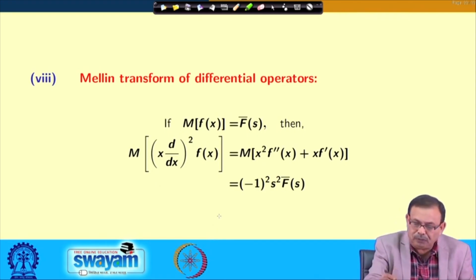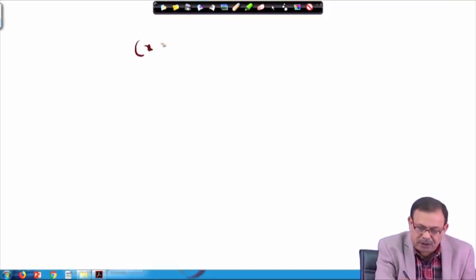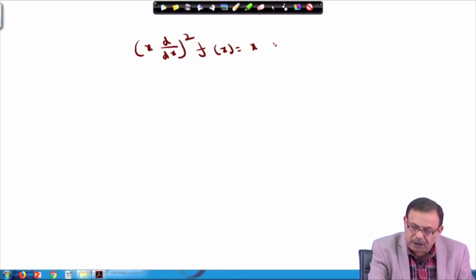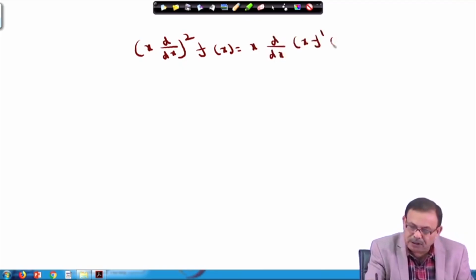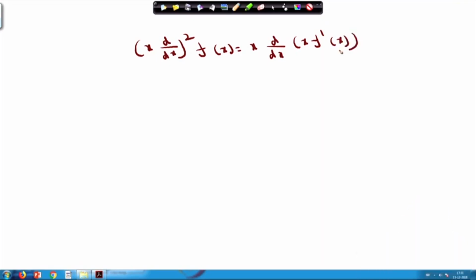So, for the proof, x d dx whole square of f x, you can write down as x into d dx of x f dash x. I am putting it inside, so that whole square was there.